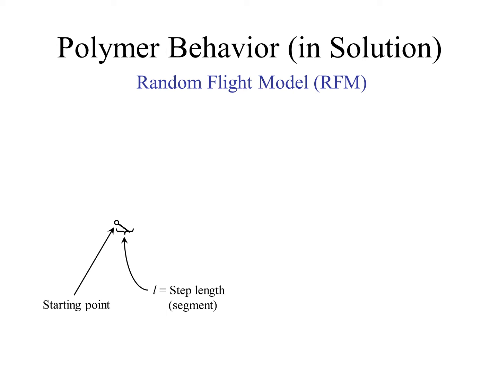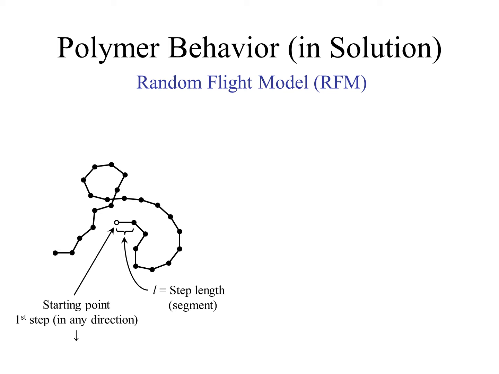For the first step, the drunk can go in any direction, not because he intends to, but rather because he is drunk. Likewise, the carbon-to-carbon single bond can rotate, so each subsequent bond can go in any direction. Sort of. We'll get into the specifics later. Now we continue the process. The drunk, again, takes an uncoordinated step, which ends up being in any random direction.